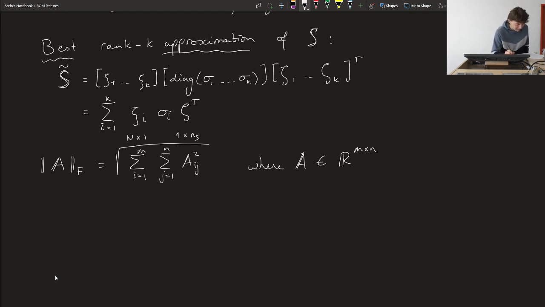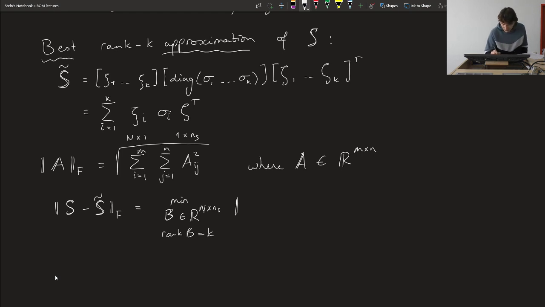And that statement reads that if we take now the Frobenius norm of the error that we're making with this rank K approximation, so we take a complete snapshot set, we subtract our rank K approximation, and we take the Frobenius norm, then this error is equal to the minimal possible error that we can actually make given a matrix B of the dimensions that we're looking at, where the rank of B is equal to K. Yeah?